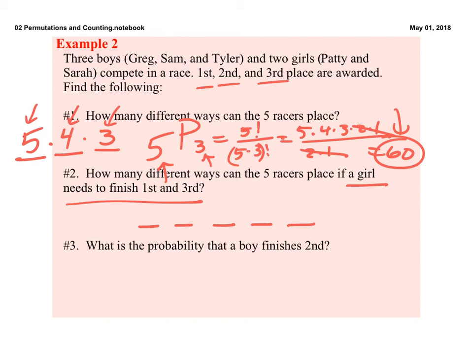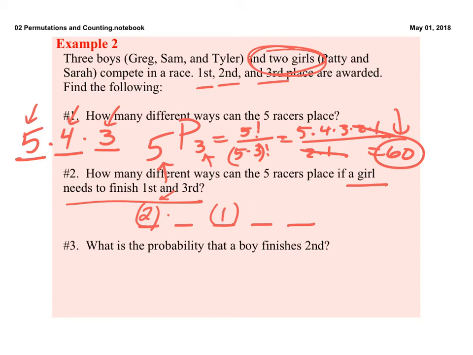But do I know which girl? Nope. So if there's 2 girls to choose from, that's how many choices I had for first place. And now third place, because I already chose one of the girls for the first spot, there's only 1 left. Okay, because there's only 2 girls in the problem. So then I'm going to put a 1 here.